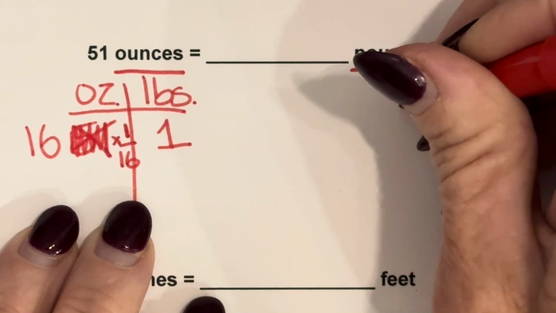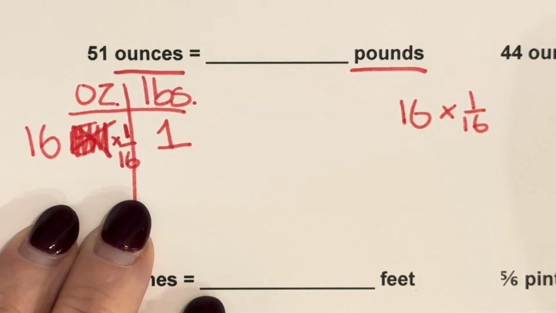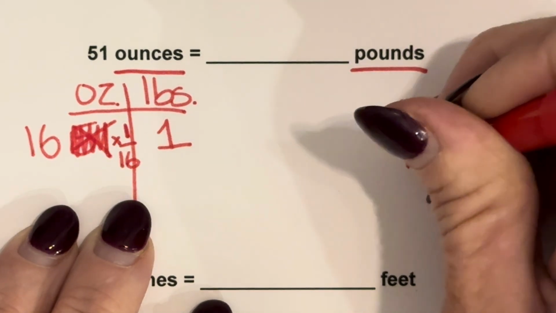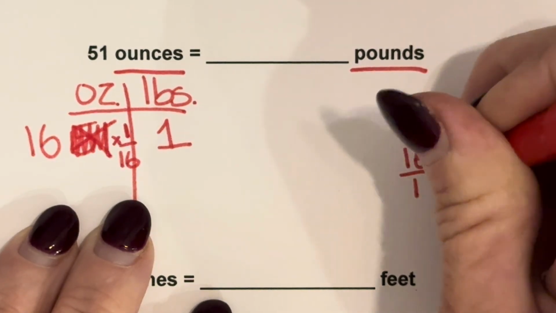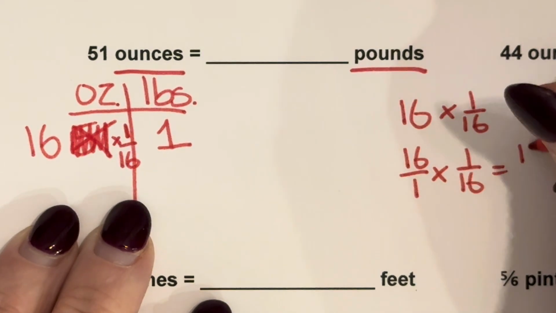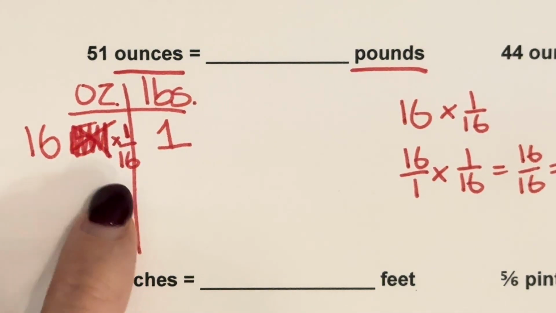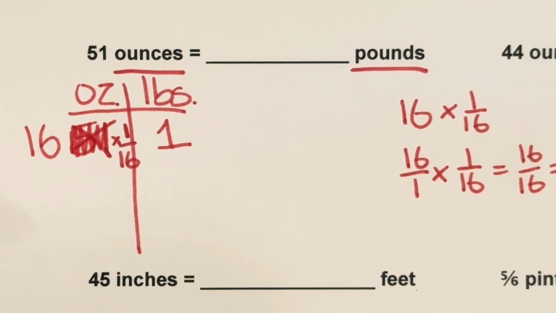And the way I know that is 16 times 1/16 is the same as 16 over 1 times 1/16, which is the same as 16/16, which equals 1. So I had to multiply that by a fraction to get my answer.